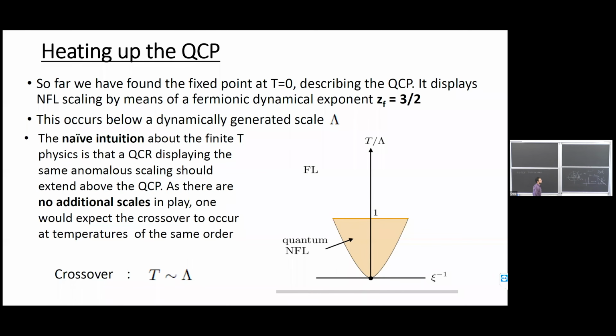In principle, these will be the only two scales in the problem. So it makes sense to assume that the quantum critical region essentially ends when the temperature becomes of the order of lambda, because with only two scales, the temperature can be lower or bigger, and there's not much space for new things to happen. Of course, the lateral crossovers of the quantum critical region will be given by the 3/2 scaling.